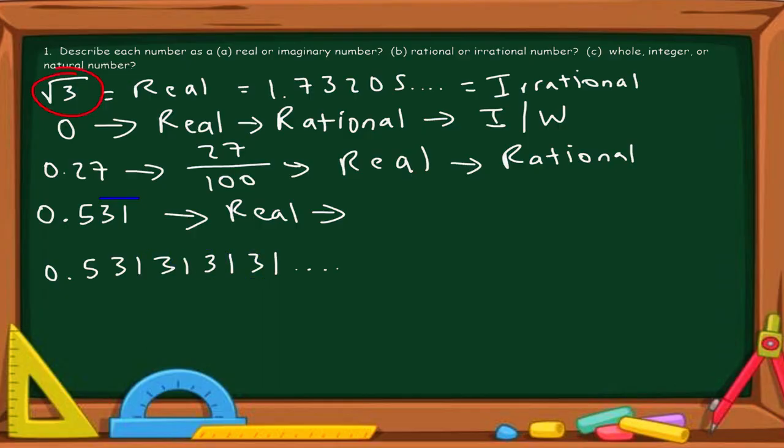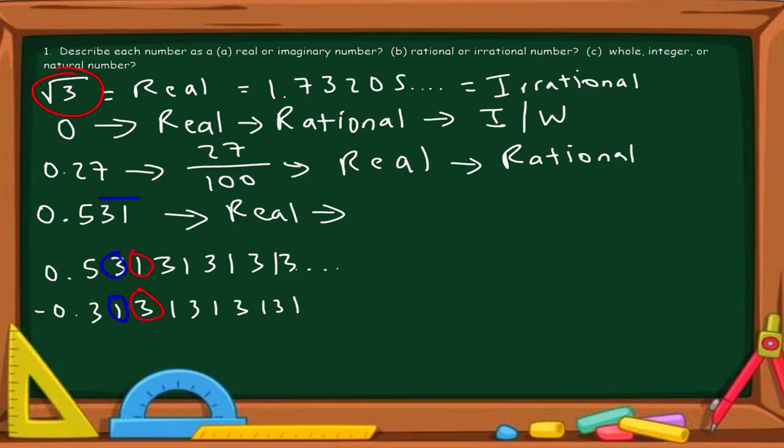Well, we need to identify the repeating element, which appears to be 31, but in actuality, the repeated element is 13. I'm going to add another 3 here, so we're going to subtract this by the repeated element of 0.13. If you try to subtract it by 0.31, notice that the numbers don't match up. This 1 is going to be matched with the 3 down here, and the 3 above it is going to match with a 1 down here.